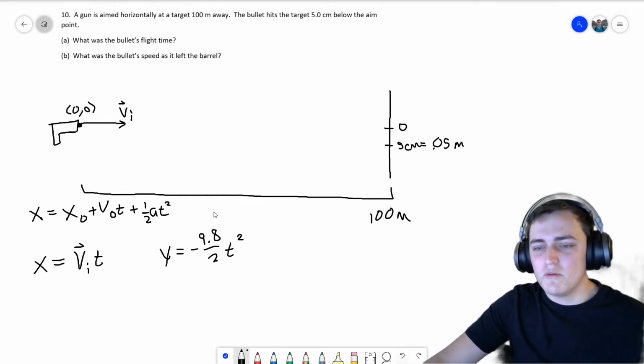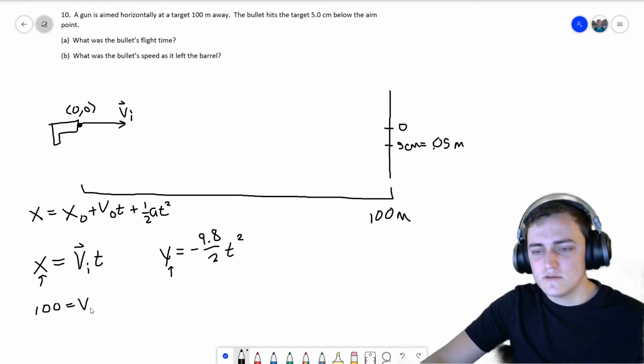So when we look at our problem, we have an x of 100 meters. We know we're going to be plugging that in there at some point. We have a y drop of 0.05 meters. So why don't we plug those two values in? 100 equals v initial times time.